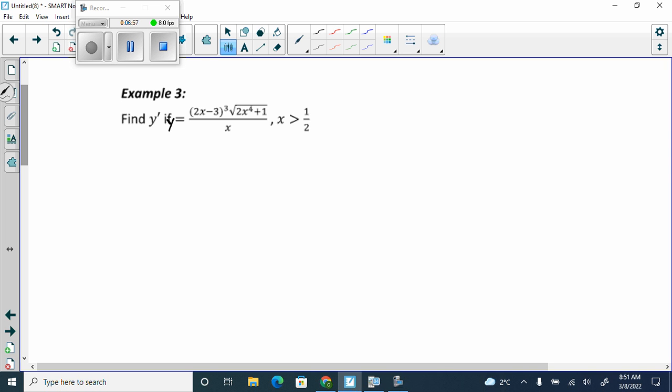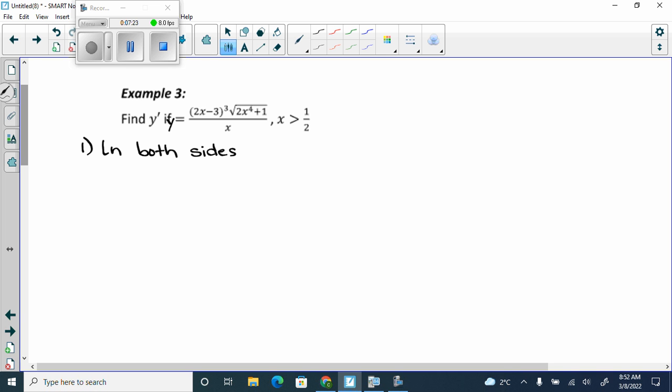Okay? So we're going to use a little bit of knowledge from 30-1 to help us out. So whenever you see this, your first step is going to be to ln both sides. So we're going to do logarithmic differentiation. Your first step is going to be to ln both sides. Because you can't just randomly add something to one side of an equation without adding it to the other. You completely change the equation.